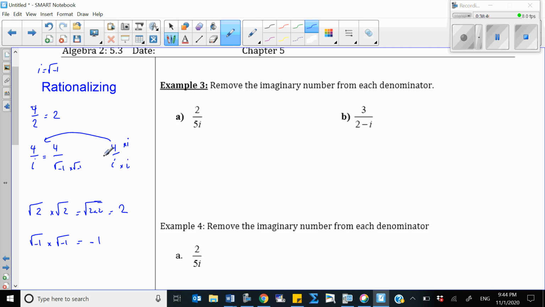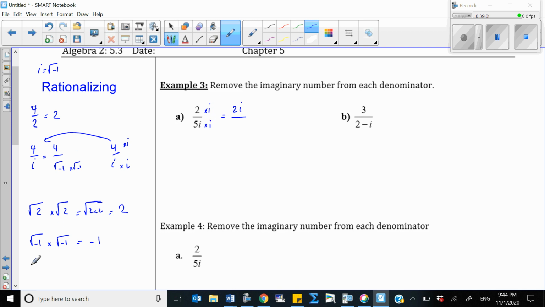So basically, in order to rationalize a fraction which has an imaginary number in the denominator, I just need to multiply both top and bottom by i. Like in this case, that's what I do. So 2 times i is 2i, and in the denominator I have 5i times i. And what is i times i?